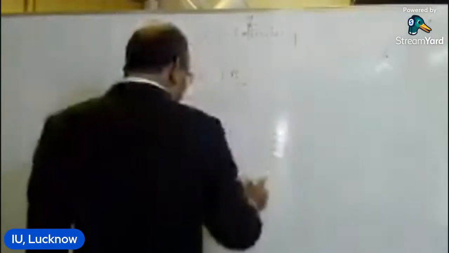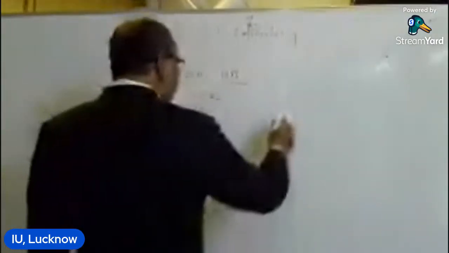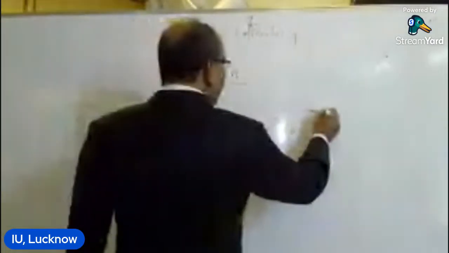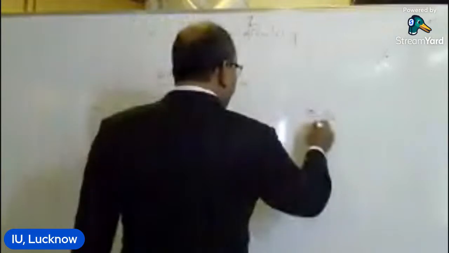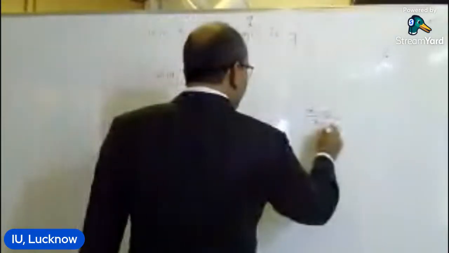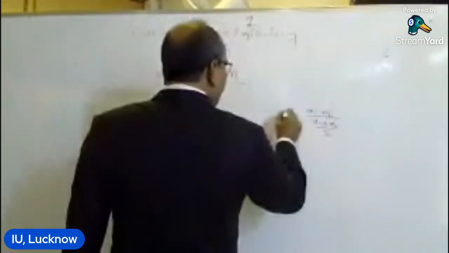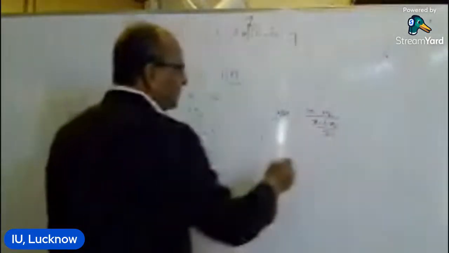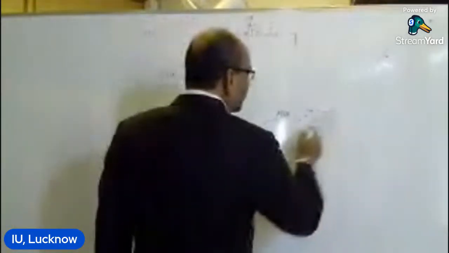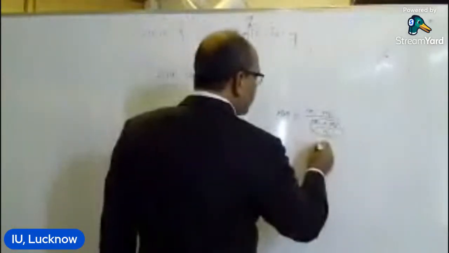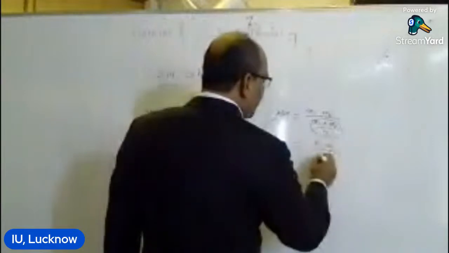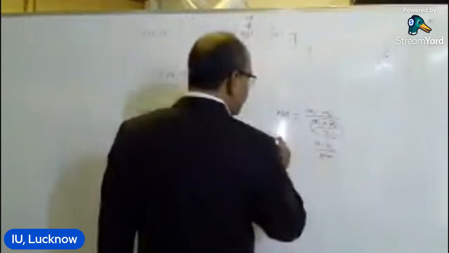This can be written as x1 x2 divided by x1 plus x2 divided by 2. The harmonic mean is this. Here, x1 plus x2 divided by 2 is the arithmetic mean, so x1 x2 divided by the arithmetic mean is the harmonic mean.